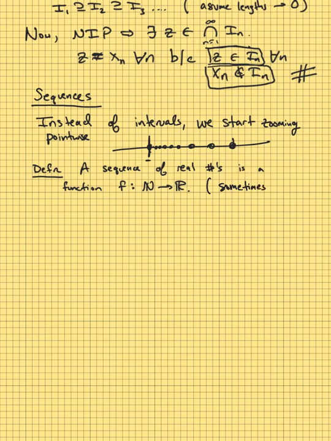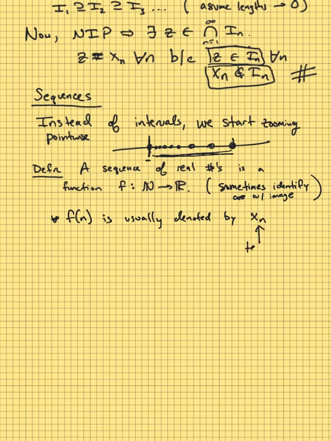The image is just a natural's worth of points in the real numbers, which we think of as the sequence rather than the function. Then the value f of n is usually denoted by x sub n. So these are the terms of the sequence.